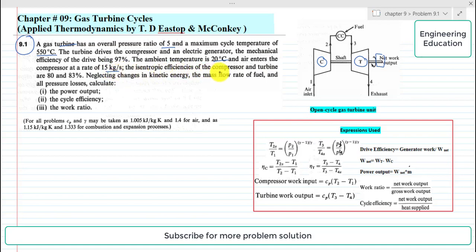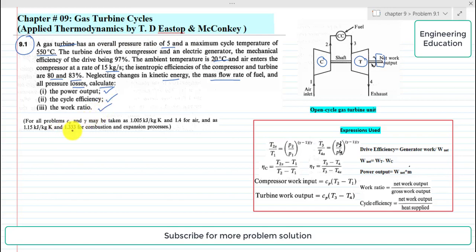The isentropic efficiencies of the compressor and turbine are 80 and 83%. Neglecting changes in kinetic energy, the mass flow rate of fuel and all pressure losses, calculate the power output, the cycle efficiency and the work ratio.